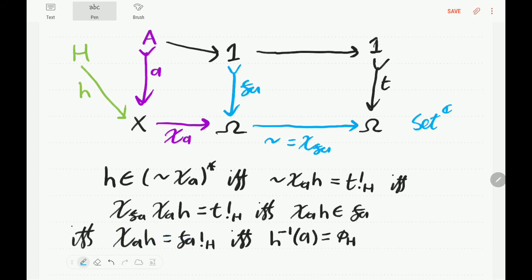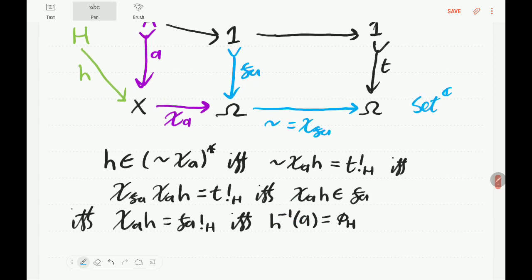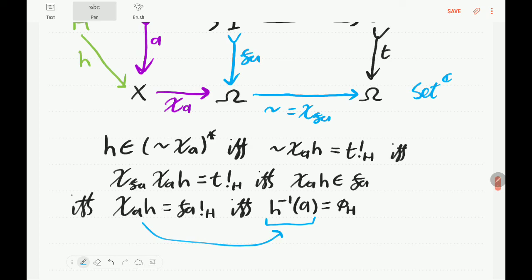So we have that chi A h equals false after exclamation mark h if and only if the subobject classified by chi A h, which is the pullback of A along h, or we could say h to the minus 1 of A, is equivalent to the subobject classified by false after exclamation mark h, which is 0h, okay?